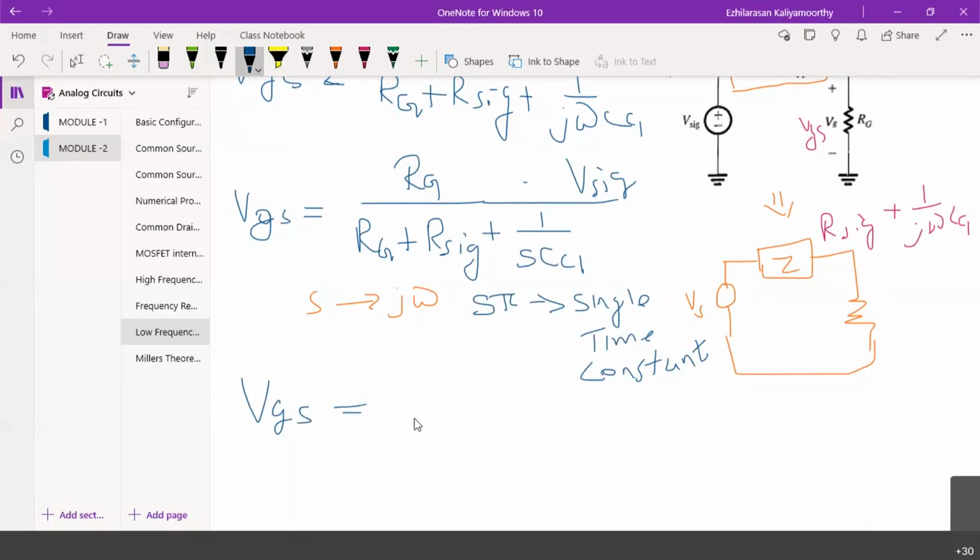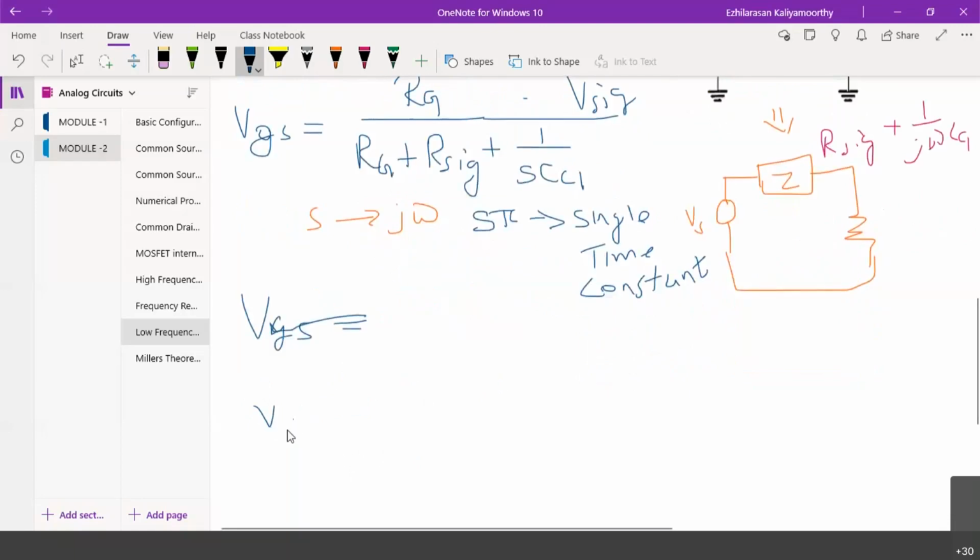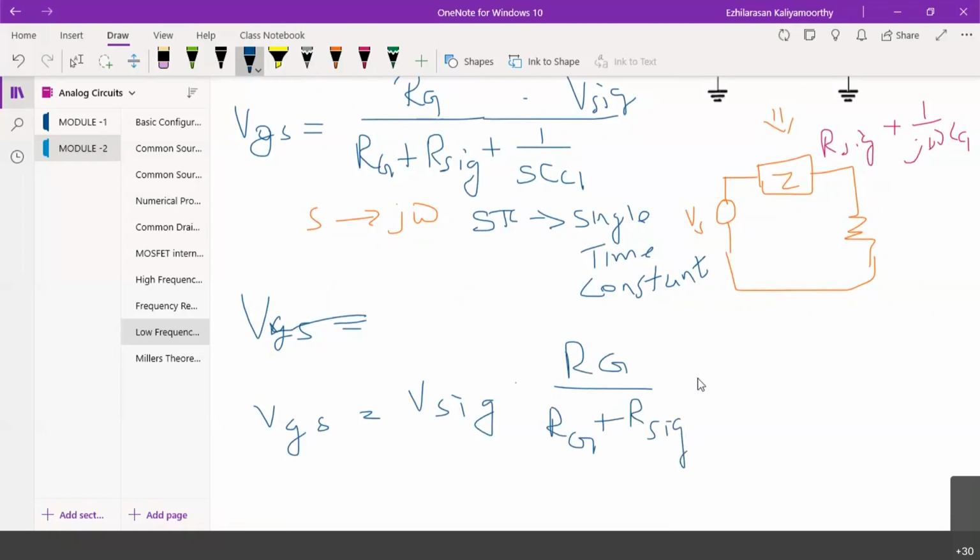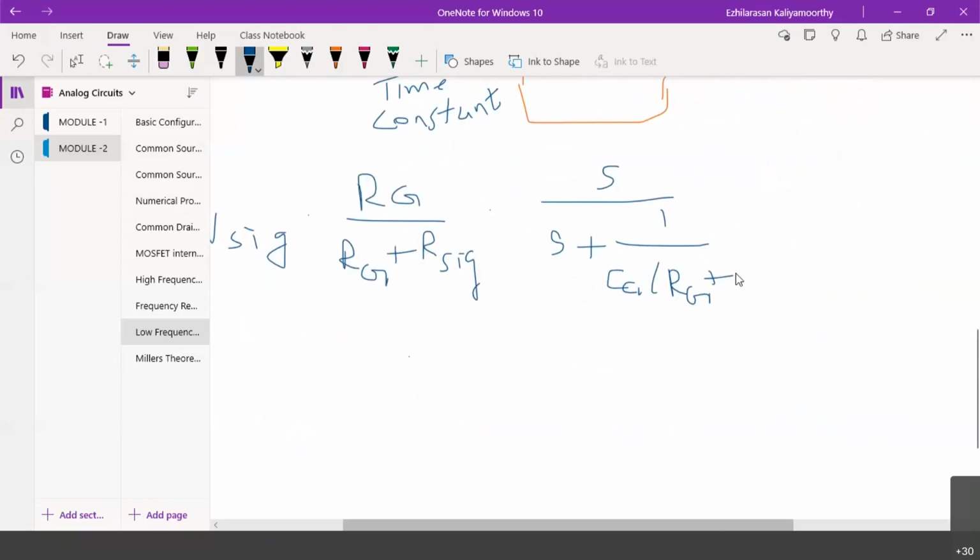We will get VGS is equal to V sig into RG by RG plus R sig, into S divided by S plus 1 by CC1 into RG plus R sig. This is expression number 2.